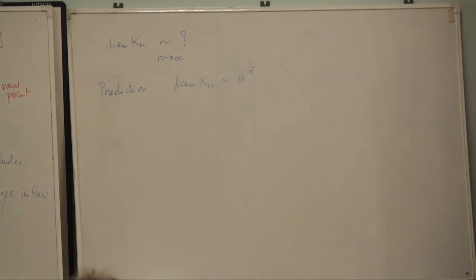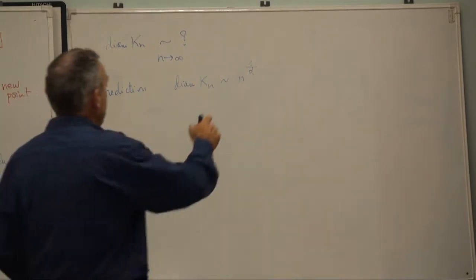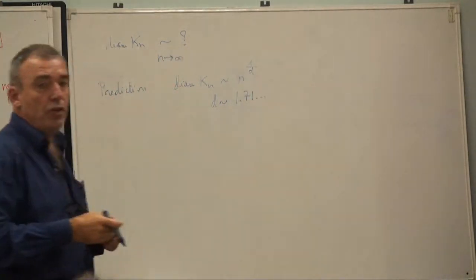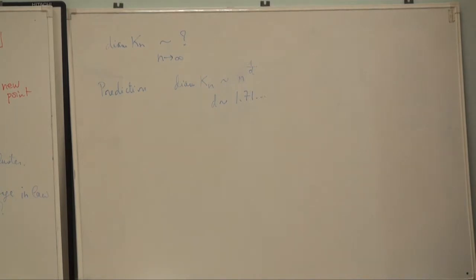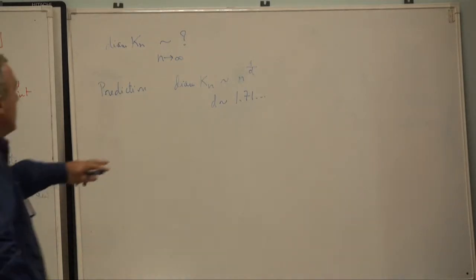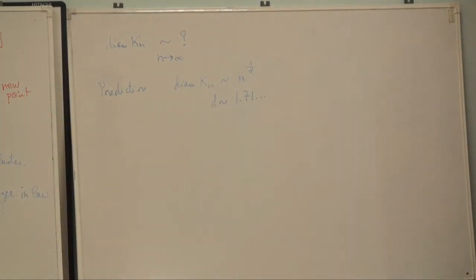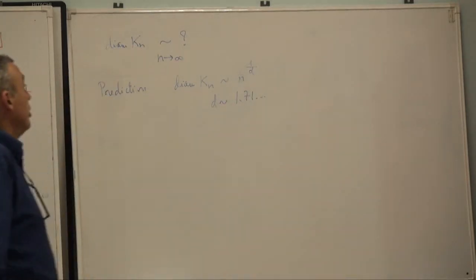Okay, if we suppose that Kn twiddle converges to something, this something should have a Hausdorff dimension, and this Hausdorff dimension should be something like 1.71 something, and all the simulations show that. I mean, all the known simulations, even with big numbers, and if you do them several times, you always end up with this figure. Okay, so this is a prediction. Nothing is known about that. So first of all, we don't know that there is a scaling limit. This is not known, and of course, we cannot know the dimension of this scaling limit.